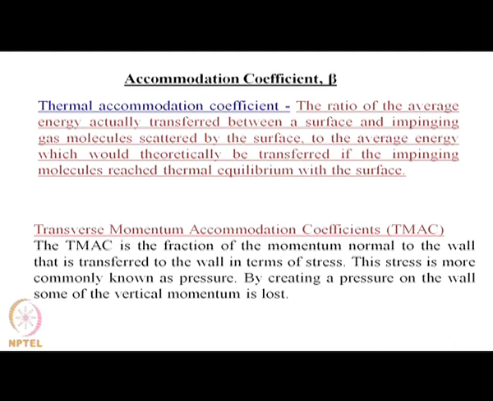So, obviously, the value of beta in many cases will be less than 1, and the impinging molecules will reach thermal equilibrium with the surface if the time of collision is longer. So, in rarefied systems, or in systems at low pressure, where the Knudsen number is large, there is a possibility that such equilibrium will not be reached, and that fraction is called the accommodation coefficient.